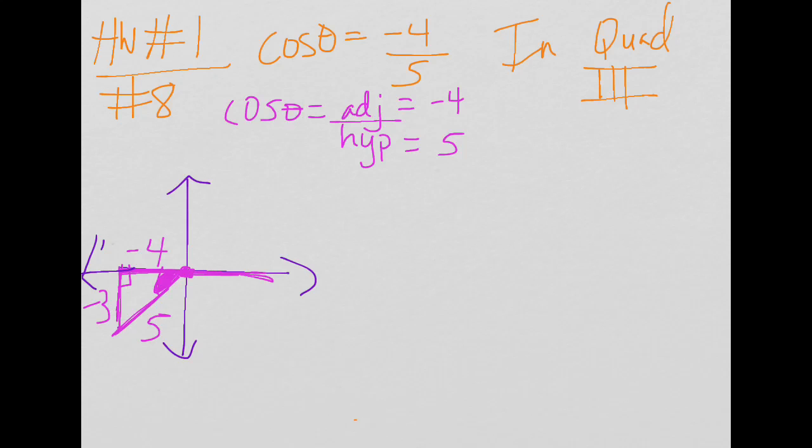Okay. The reason the hypotenuse of these triangles is always going to be positive is because it's like a length. These are technically lengths. Like if you were finding the length of the side of a triangle, it would always be positive. Since we're talking about this coordinate, this is talking about the x-coordinate here.